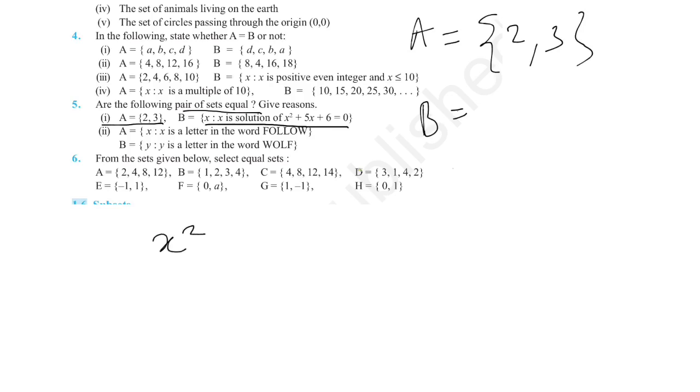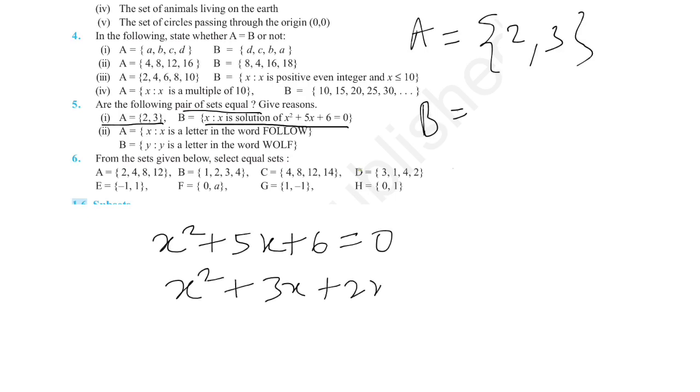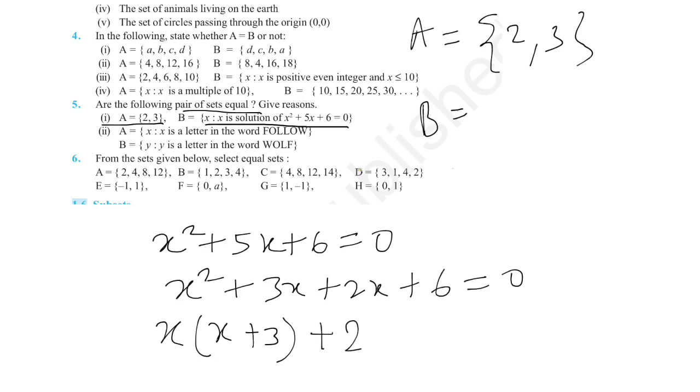So x square plus 5x plus 6 is equal to 0 can be written as x square plus 3x plus 2x plus 6 is equal to 0, and we can take x common from the first two terms and 2 common from the last two, so we have x plus 3 times x plus 2 equal to 0.